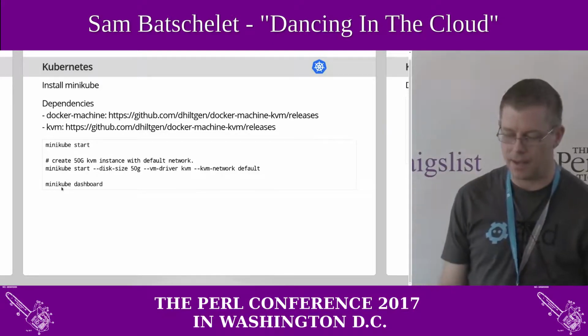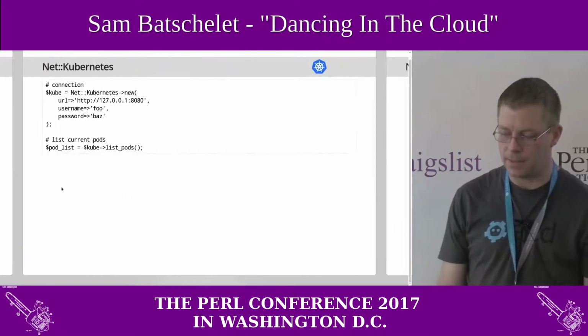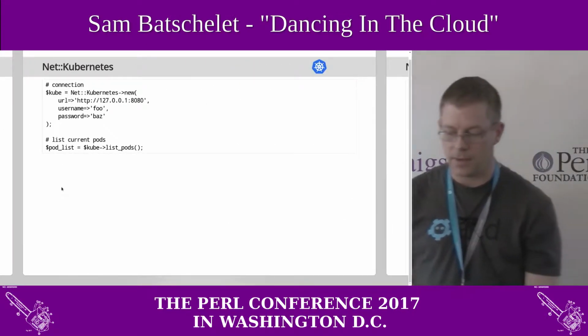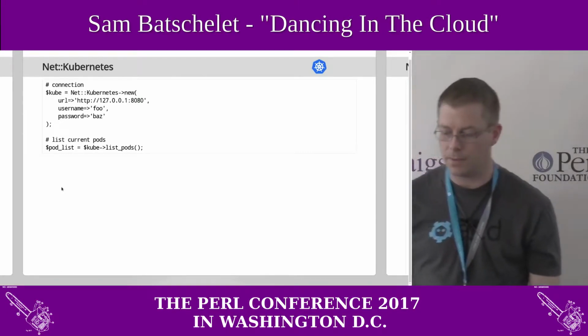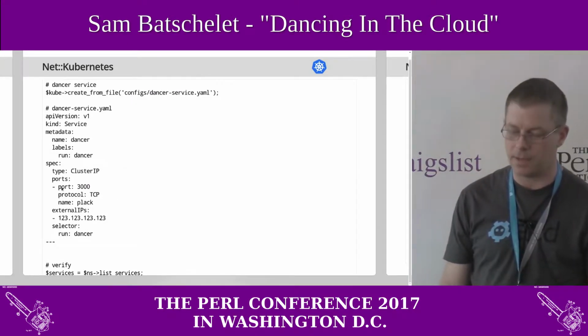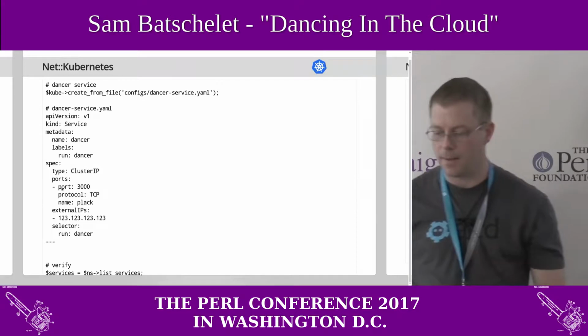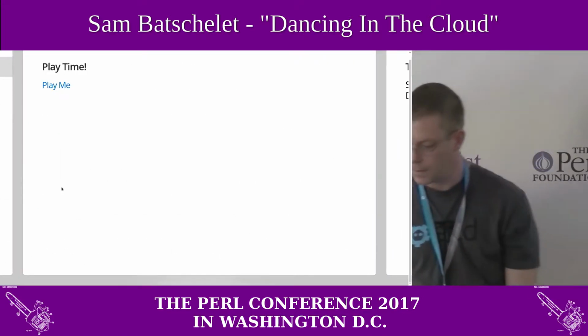Net Kubernetes, if you're interested in testing Perl interaction with Kubernetes, there are a lot of great resources. I added some stubs for different types of YAML configs for setting up services and deploying pods. All that information is in the repo.